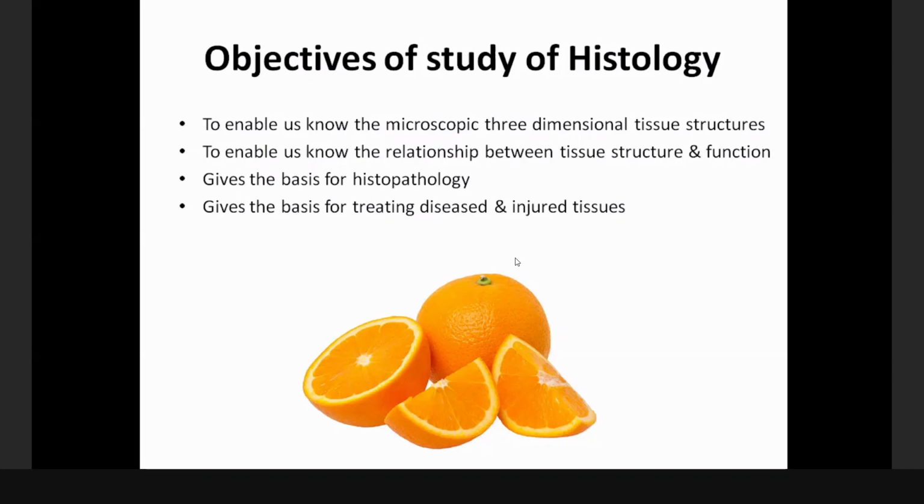When you look at this orange from outside, you don't see what it is made up of, or what we have inside is not visible. But by cutting, you can see inside. By looking at such inside sectioned part of this orange, you know and you can understand where the orange juice is produced. And you can see it is detailed. You can see it is three-dimensional microscopic structures. So that's what histology does.